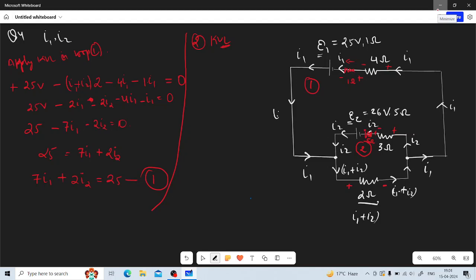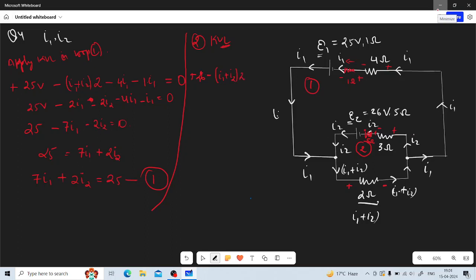Okay, KVL. So start from here, minus to plus, value 26 volt. Here plus to minus, I1 plus I2, I1 plus I2 into 2.